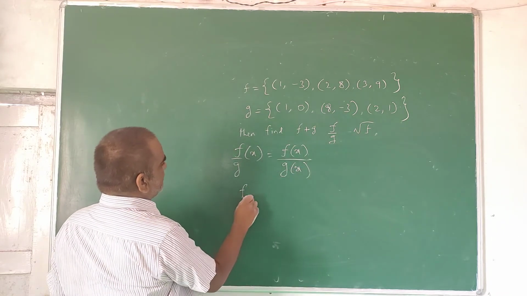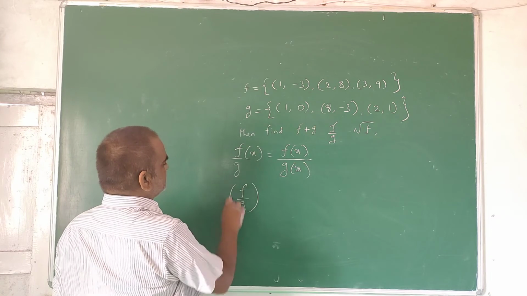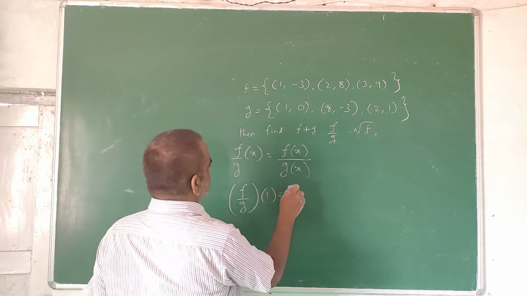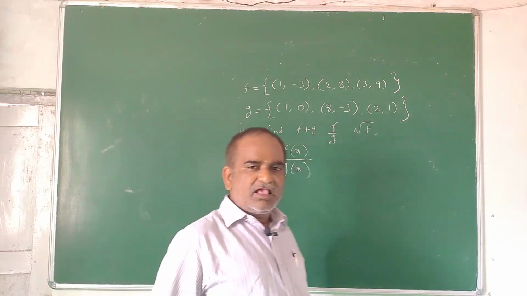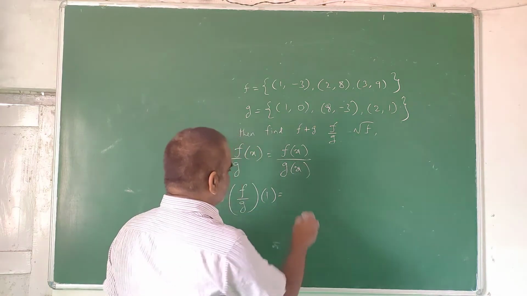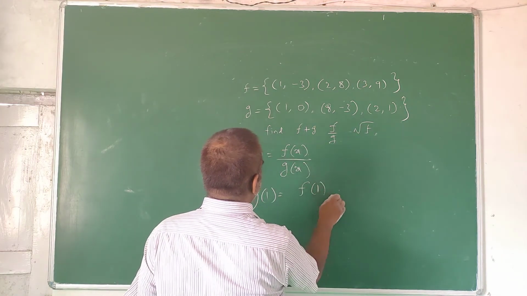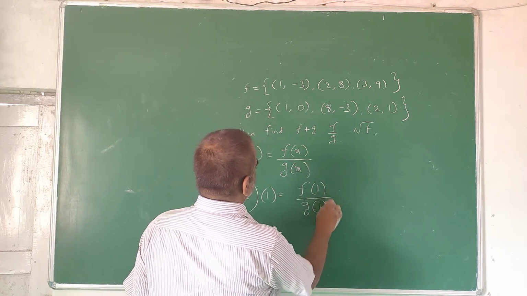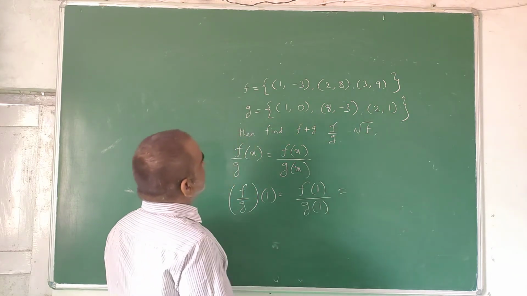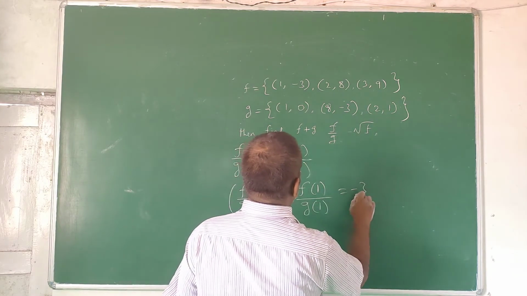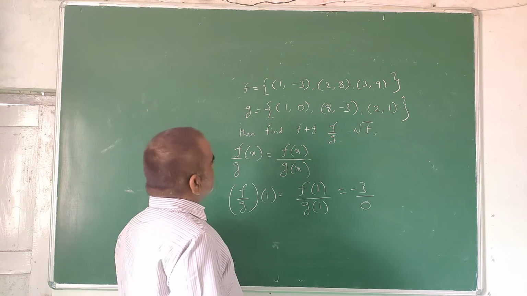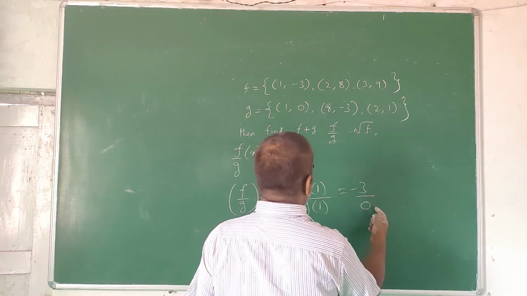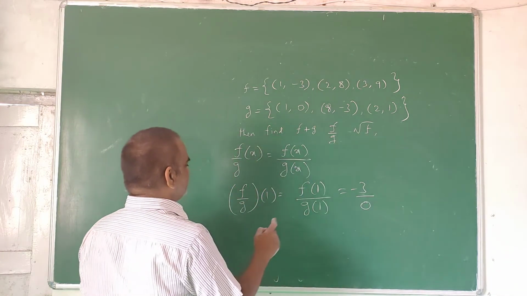Now f by g of 1 is equal to f of 1 by g of 1, whereas f of 1 is minus 3 by g of 1 is 0, which is not defined. So you have to ignore this.